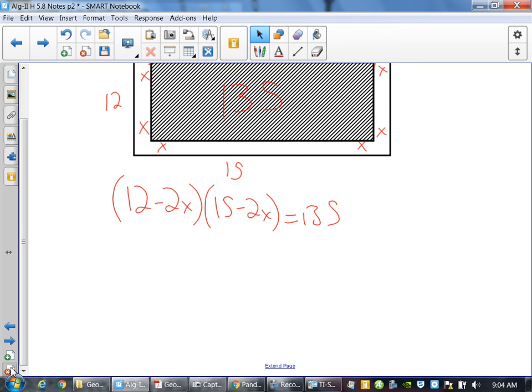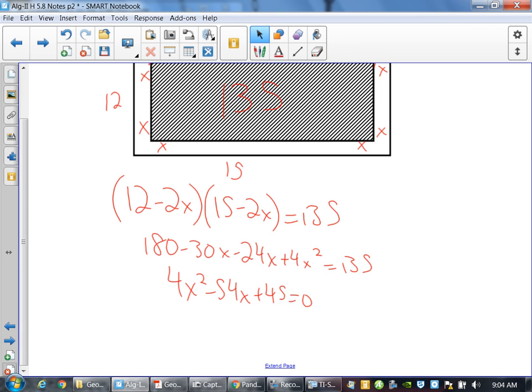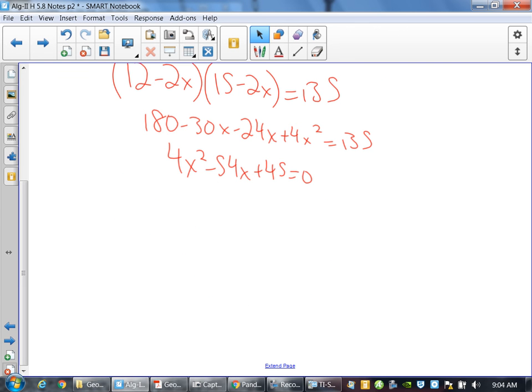And we get, after a bunch of math, we get that. One of two things we can do. We can put that in our calculator, find the zeros.